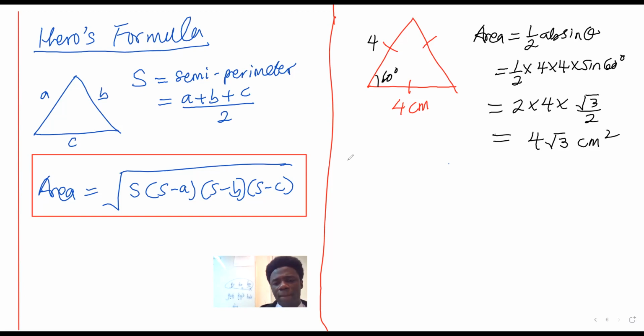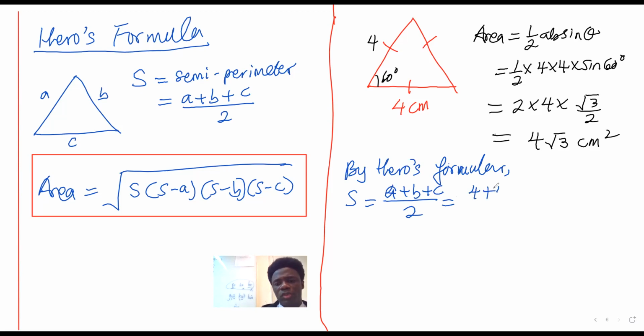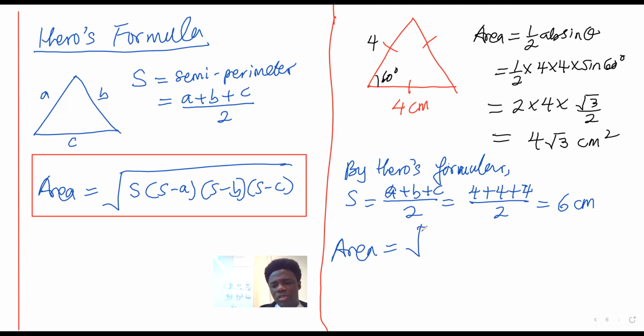By Heron's formula, the first thing you find is the semi-perimeter. So that is a plus b plus c divided by 2, which is 4 plus 4 plus 4, of course, or 4 times 3 divided by 2, and that will be 6 centimeters, because it's a perimeter, so it's one-dimensional stuff, so it's centimeter. Then the area. Again, the first thing I expect to see is the formula.